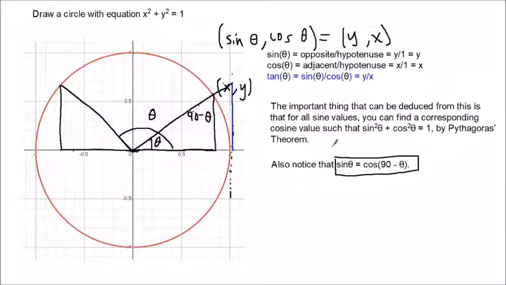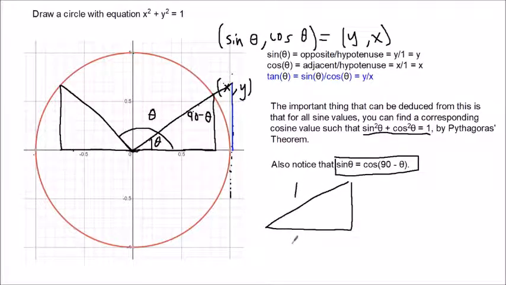But you can also deduce that sine squared theta plus cosine squared theta is 1. Why? Because of the Pythagorean theorem. We have our radius, which is 1. We have our x, which is cosine theta, and then we have our y, which is sine theta.